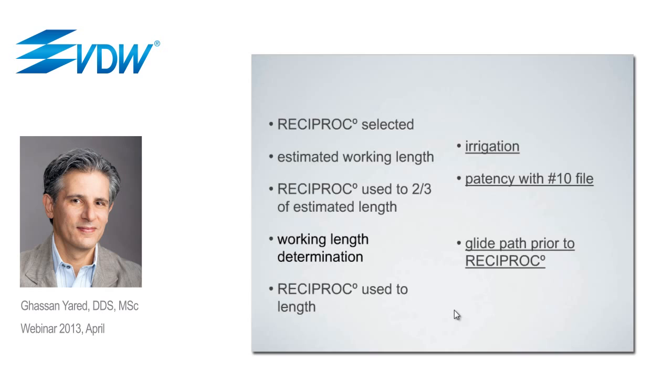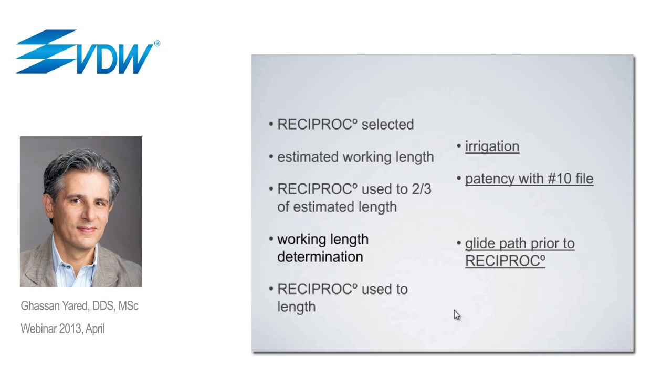And again here, I just want to remind you that the irrigation protocols, patency, the access cavity guidelines, and the guidelines for a straight line access do not change. Now, talking about straight line access, we do not use with this concept any orifice openers, we do not use any drills.